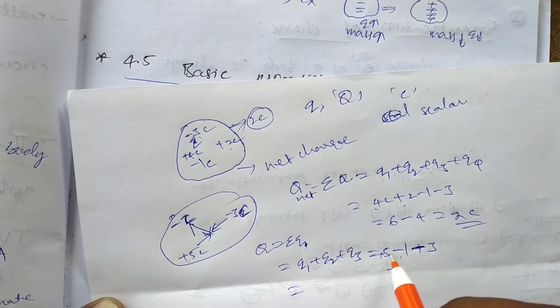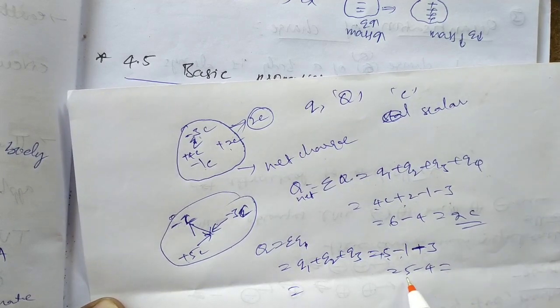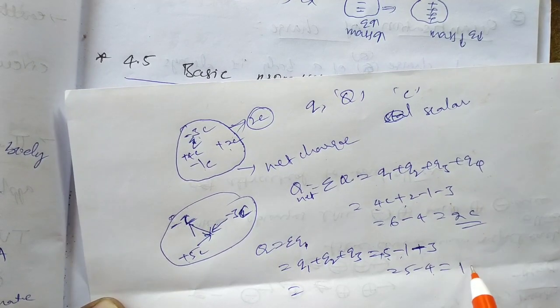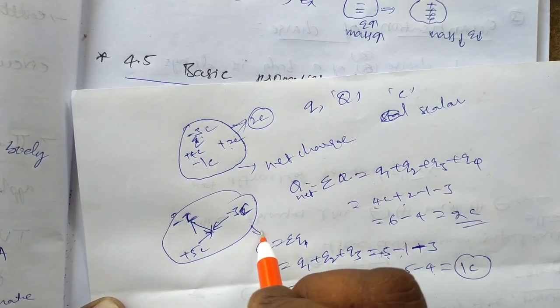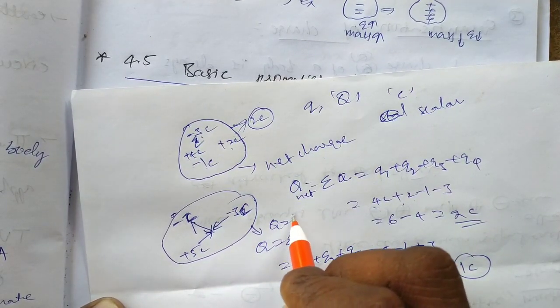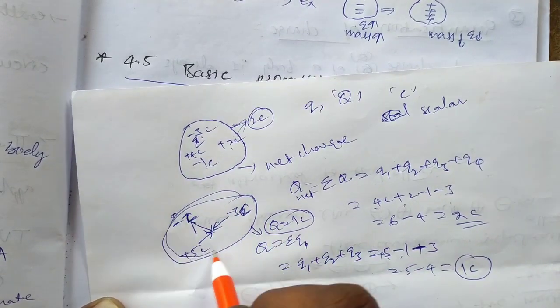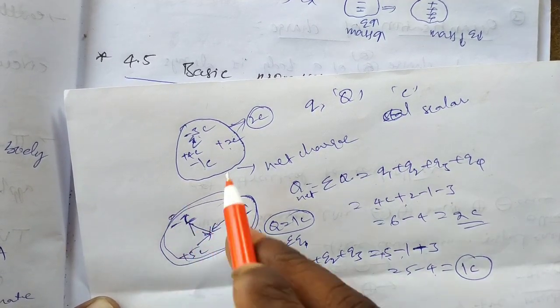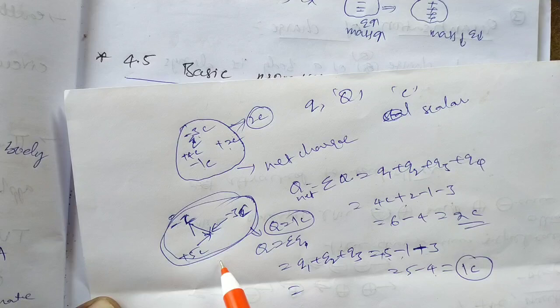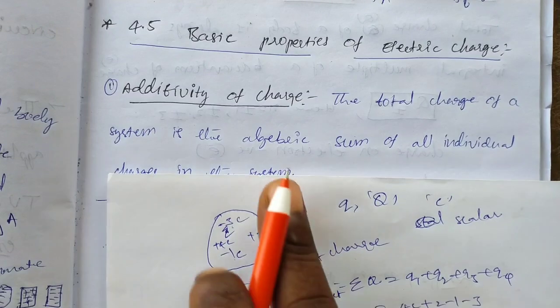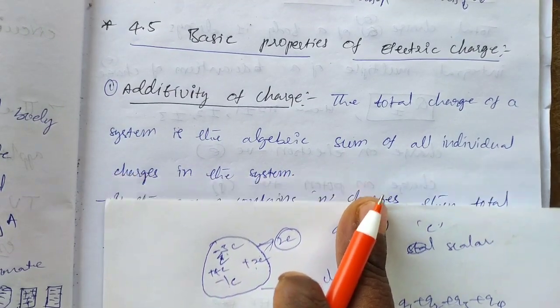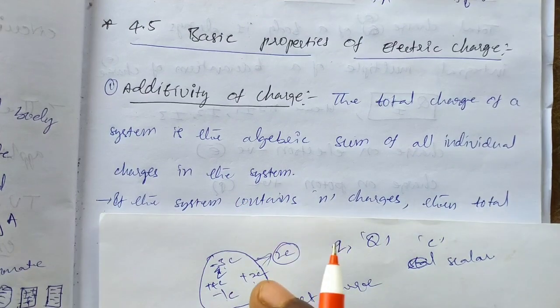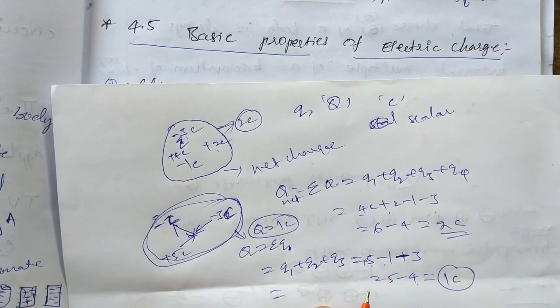So 5 minus 4 is 1 coulomb. The net charge of this body is 1 coulomb. You can choose any closed loop or any body. This is the additive property of charge: the net charge is the algebraic sum of all the individual charge carriers in a system or body.